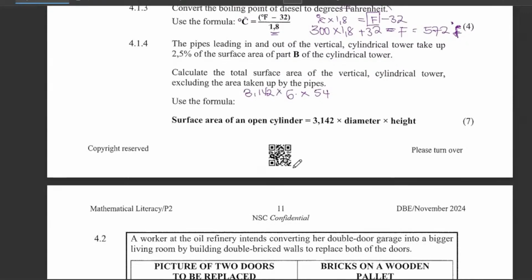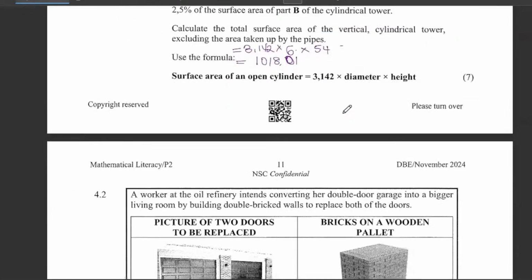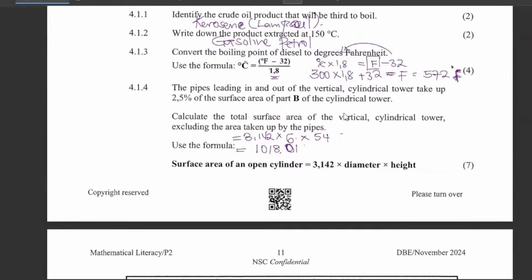So here the answer became 1018.01 meters squared. So now this is B, the surface area of B. Of B, we need to know the surface area of the pipes.